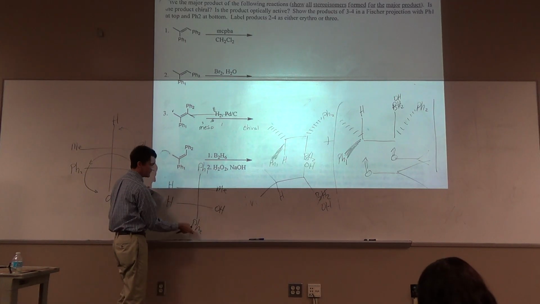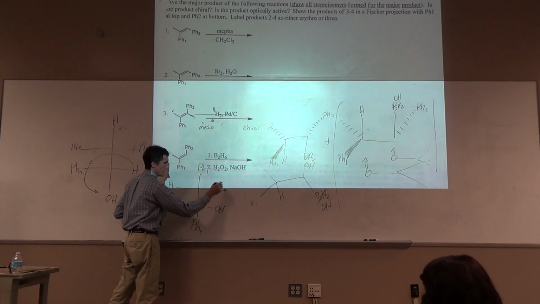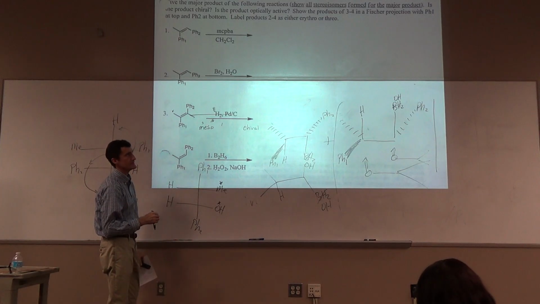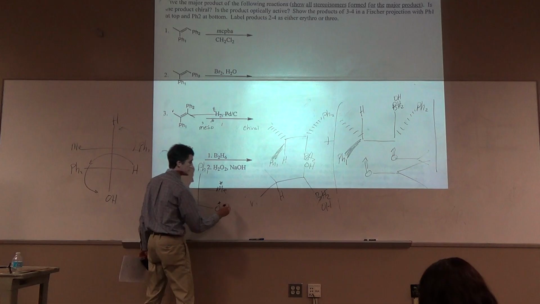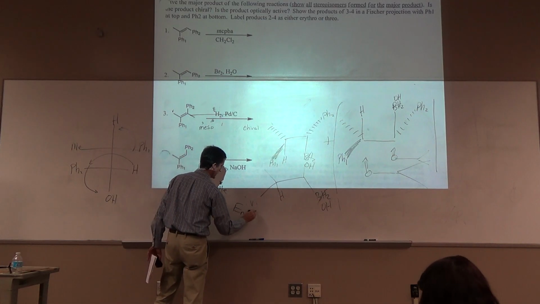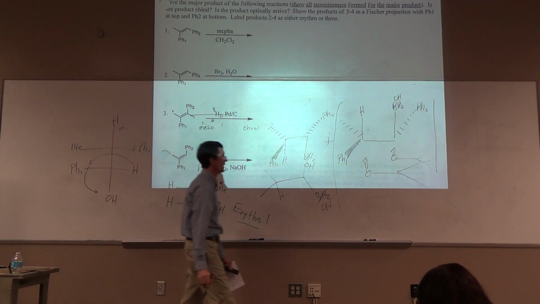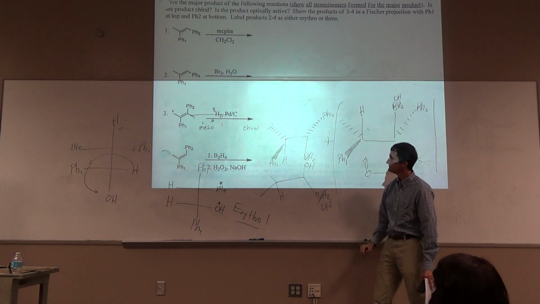With phenyl 1 at top and bottom, erythro or threo? High priority groups are on the same side. That's not Z. That's EZ nomenclature. This is erythro. This is erythro. What would this be?